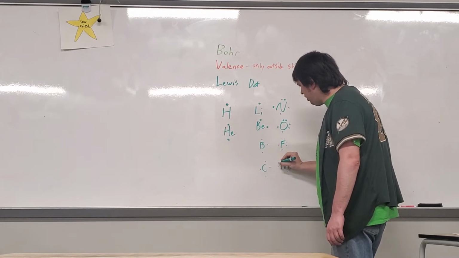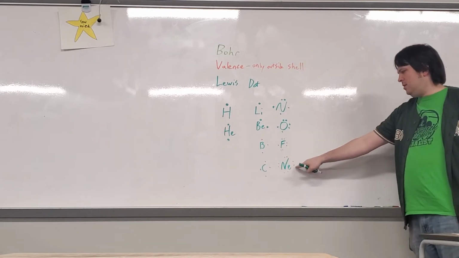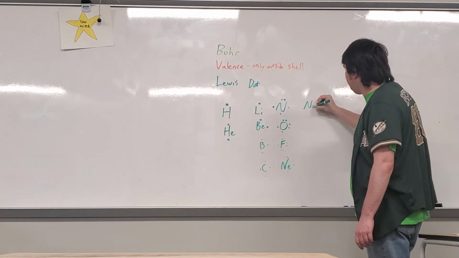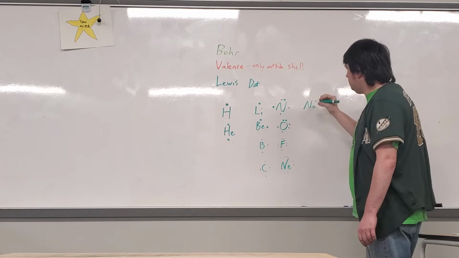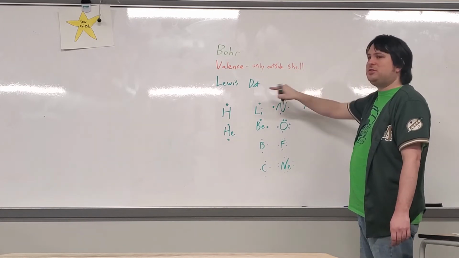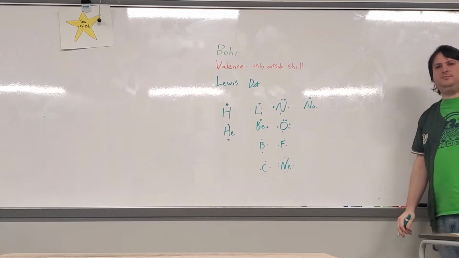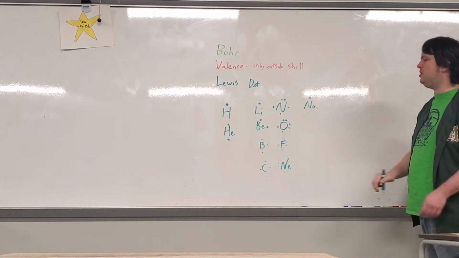That outer shell can only hold 8 electrons, as 4 doubled up pairs. So then we go to sodium. Since we're only focused on that outside shell with the Lewis dot, we're back to 1. And so on as we go through.